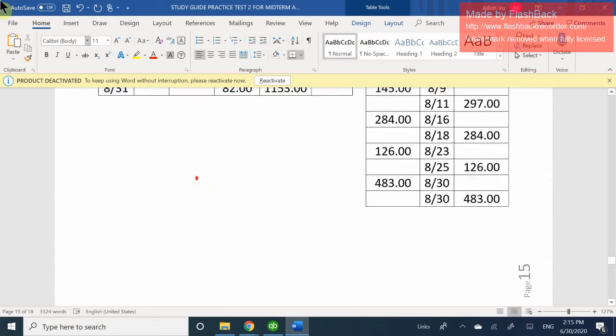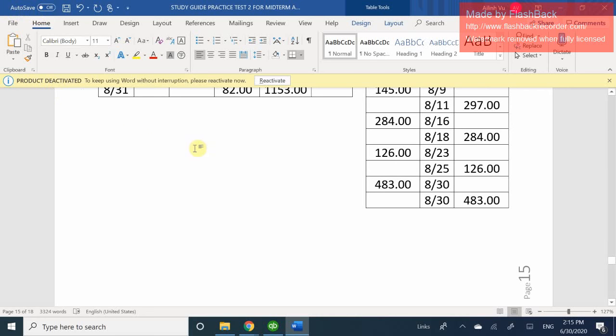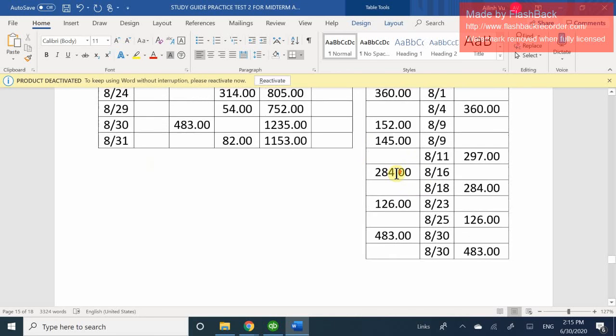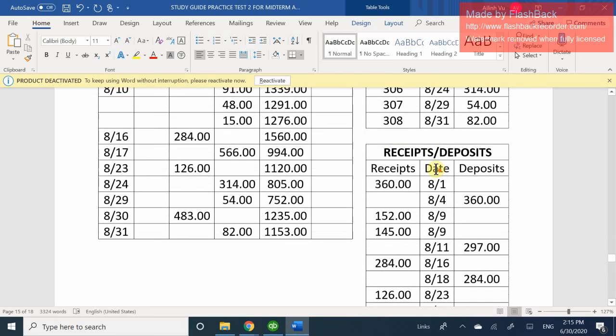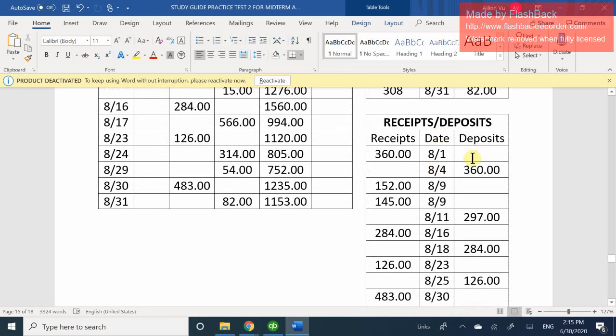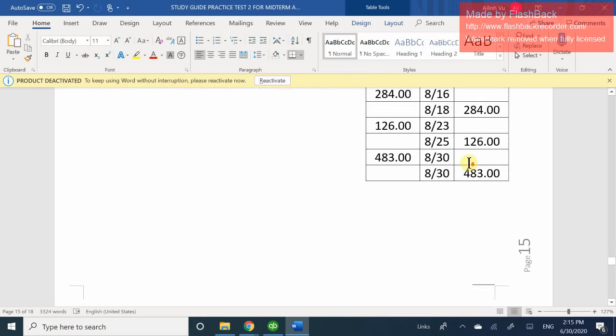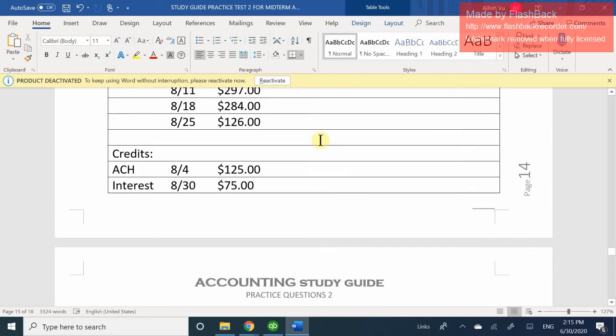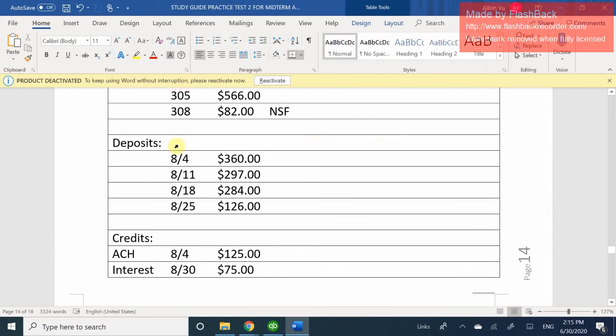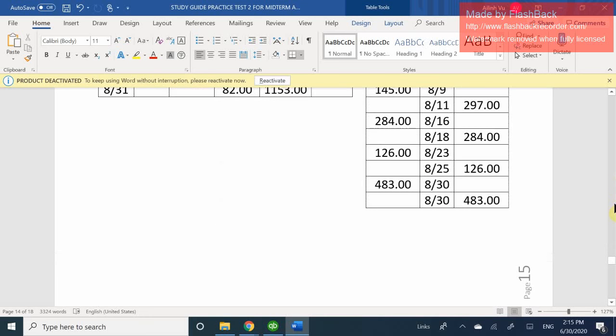So let's look at the deposits on our deposit slips. Let's count 1, 2, 3, 4, 5 deposits, and in my actual bank statement I only have 1, 2, 3, and 4. So I'm missing, most likely, the last entry, which is for 8/30, where we deposited this amount. So where do we put this?